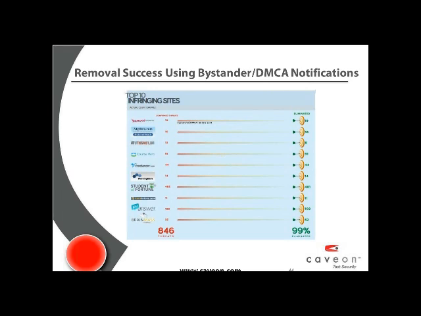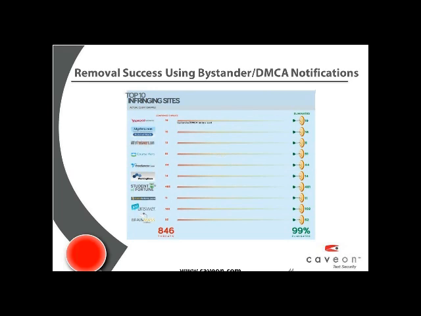However, these efforts on all fronts are very successful. This slide shows the top 10 infringing sites that we've come across in the last few years on all sorts of different arenas: test security, trademark, everything. Of the 846 threats found for this particular instance, 99% of those were eliminated. Some were eliminated instantly, some in a few days, some in a few weeks, some even a couple of months.